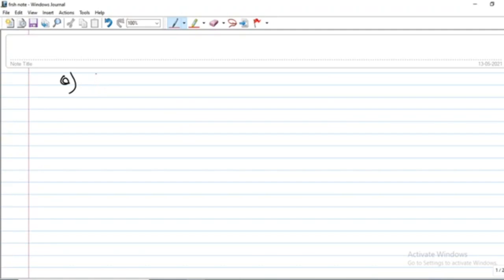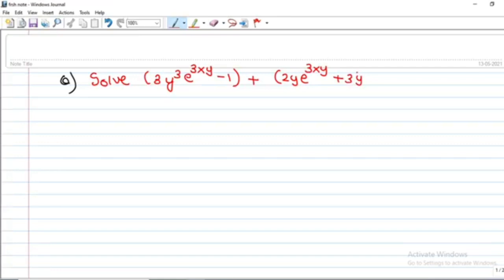So the question is as follows: solve (3y³ e^(3xy) − 1) + (2y e^(3xy) + 3y²x e^(3xy)) dy/dx.